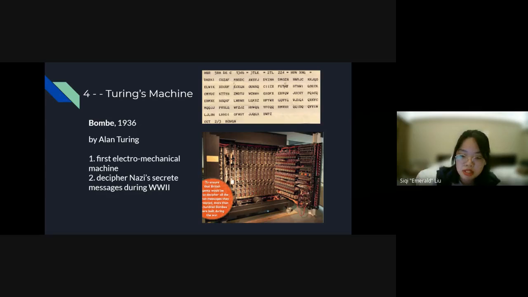The machine was the first electromechanical machine with switches, and it successfully deciphered the Nazis' code, as shown in the picture here. That was really impossible for humans to calculate manually. So the code would go into the machine, and the machine would be able to decipher what the code was trying to say.